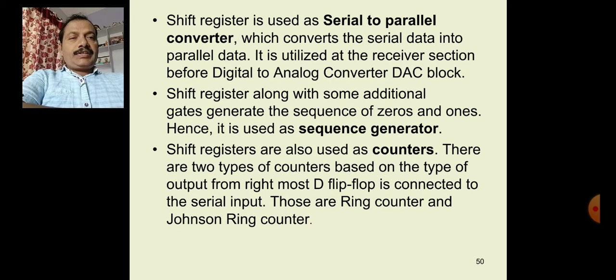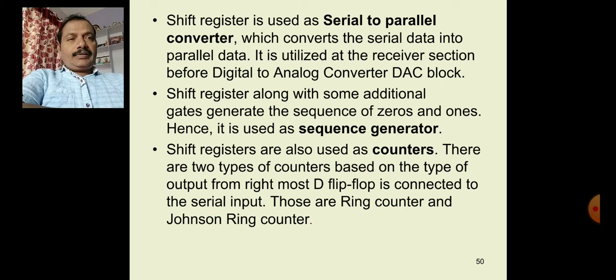And shift register is used as a serial to parallel converter also. That means it converts the serial data into parallel data. It is utilized at the receiver section before the digital to analog converter. At the receiver section, from the space, the receiver will receive the electromagnetic wave, which is converted to electrical signal and message signal, and that is demodulated, and the actual message signal is detected.